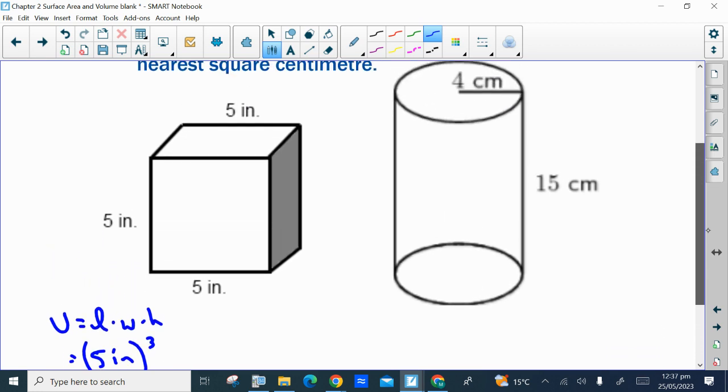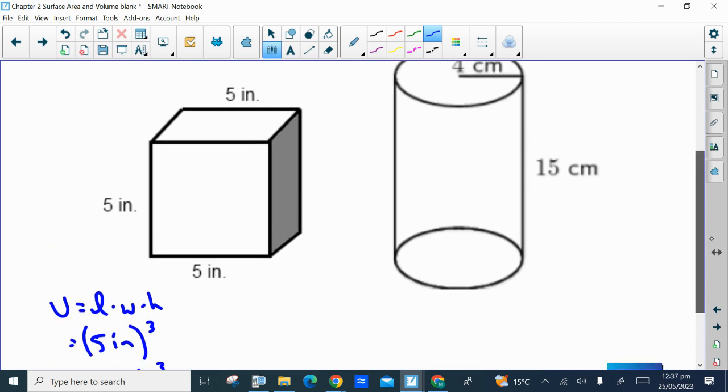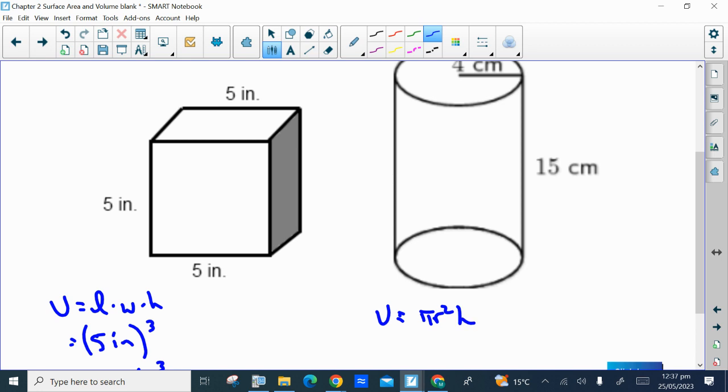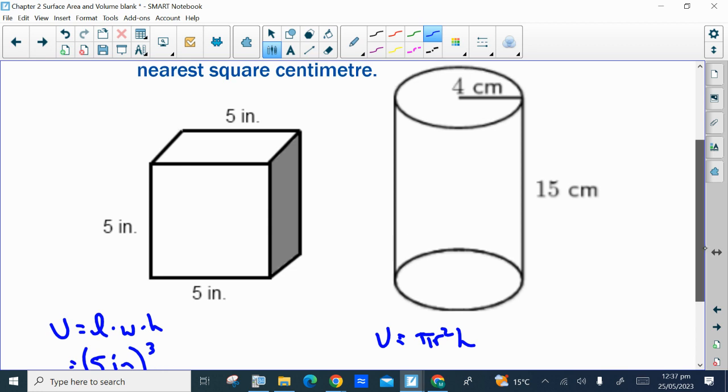Now the second one is a cylinder. And if you look on the formula sheet, the formula for volume of a cylinder is pi r squared h times height. It's the area of the base times the height. The base is a circle, and the area of a circle is pi r squared.